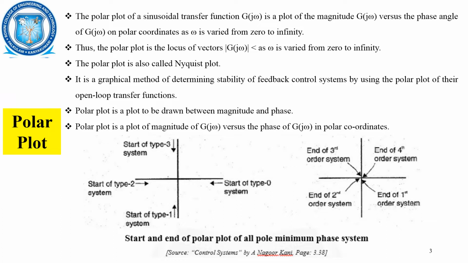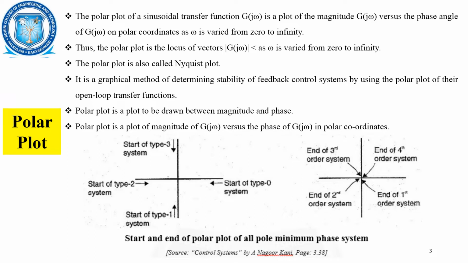If it is a third order system, it will end in this second quadrant, and if it is a fourth order system, the polar plot will end in the first quadrant of the axis. So this is how the representation is, and then it repeats for the fifth order, 6th order, 7th order, 8th order, etc.